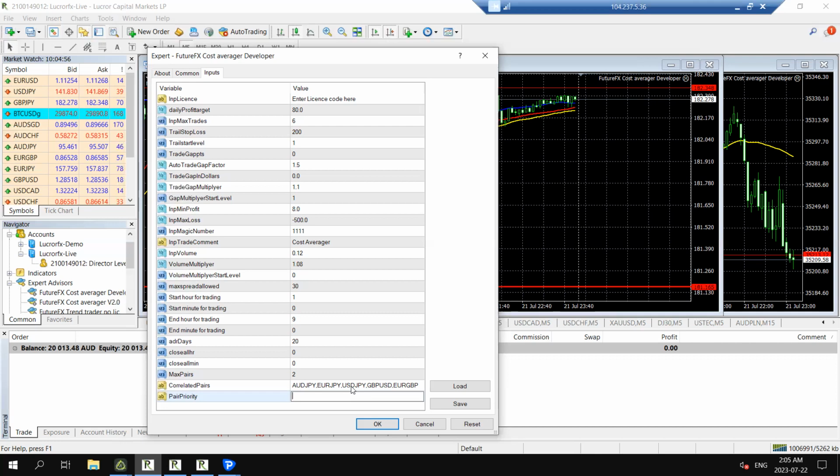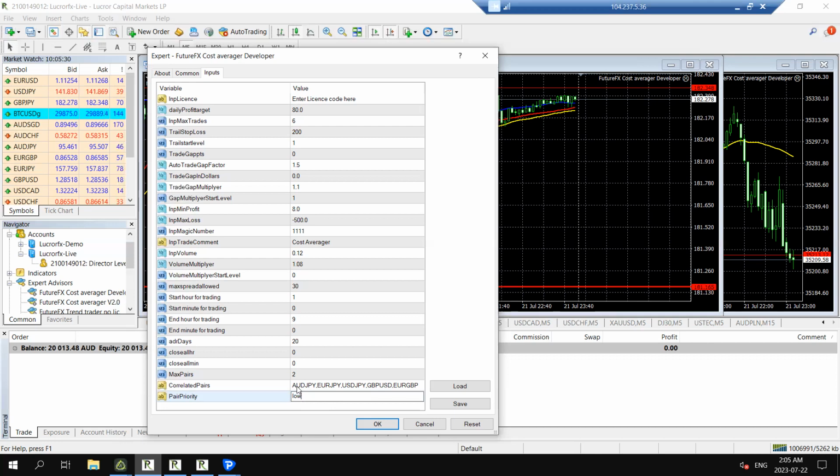With pair priority, you can prioritize the pairs by high, by medium, or as low. So you have three choices. You need to type that in, just like I did, all lowercase.